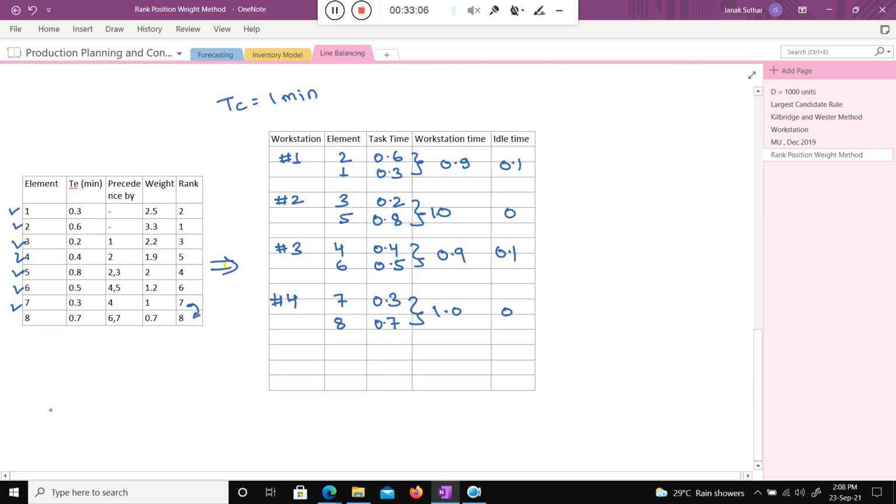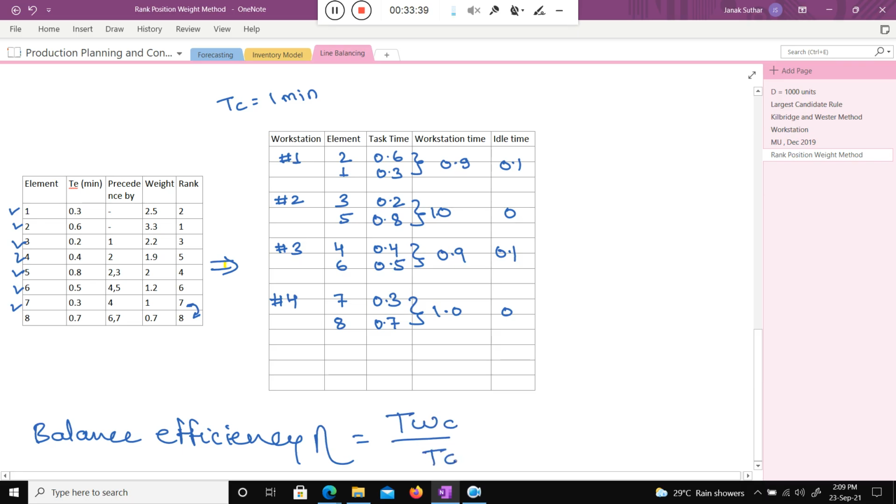To calculate the balance efficiency, we need the total work content, TWC. That is, add all the workstation times, and I think you already calculated the total work content as 3.8, right?